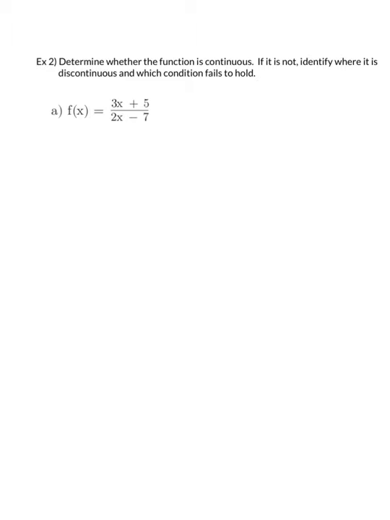We were told in one of the starred statements earlier that rational functions are continuous everywhere except where the denominator equals 0. So let's find where the denominator equals 0. Set your denominator equal to 0, and you get x equals 7/2.